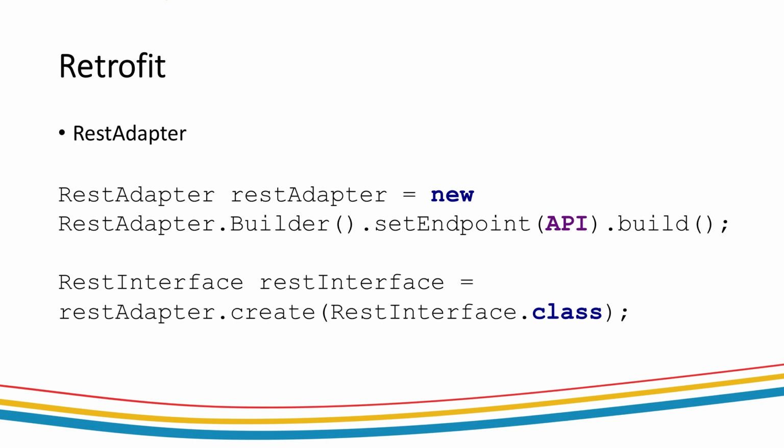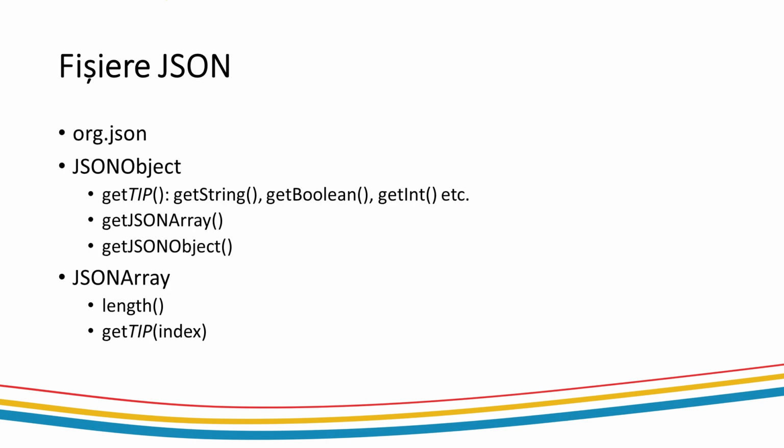Now, besides Retrofit and Gson, the material also mentions the basic org.json library. When would you use that directly? Maybe if you're not using Retrofit, or if you need really low-level manual control over parsing, or perhaps if the JSON structure is very simple or dynamic and doesn't easily map to a fixed POJO. Right. It gives you JSONObject to represent a JSON object with methods like getString(key), getInt(key), getBoolean(key) to pull out values.